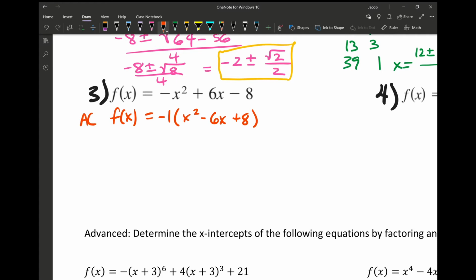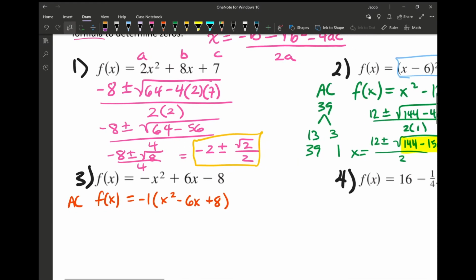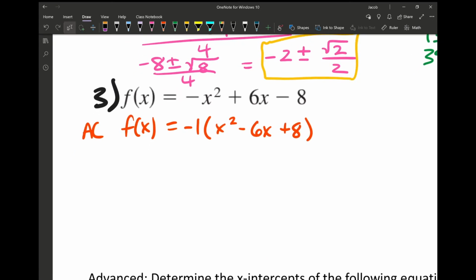negative 1 when we start solving for the x-intercepts, because I know we've had 2 examples of using the quadratic formula, but when you factor a quadratic, you set the y value, which is f of x, equal to 0.